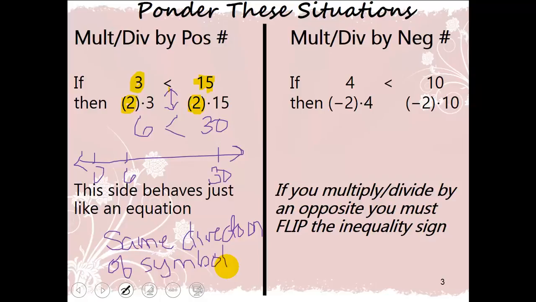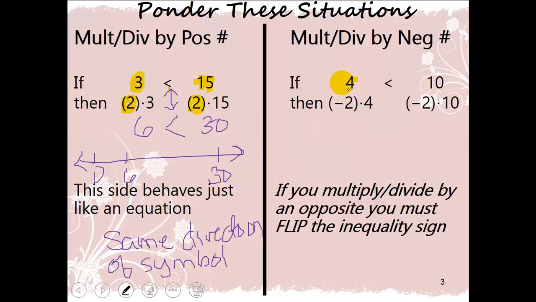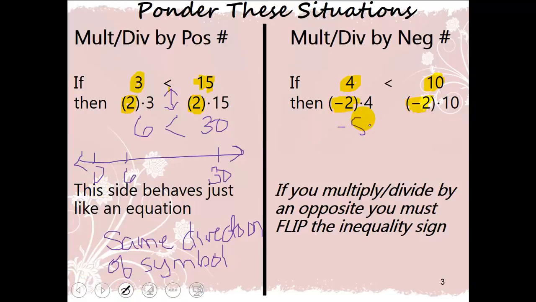Now, let's think about what happens if we take an expression, let's say 4 is less than 10, and now we multiply it by a negative number. This is going to say -8, and this is going to become -20. Would you rather owe somebody $8 or owe somebody $20?